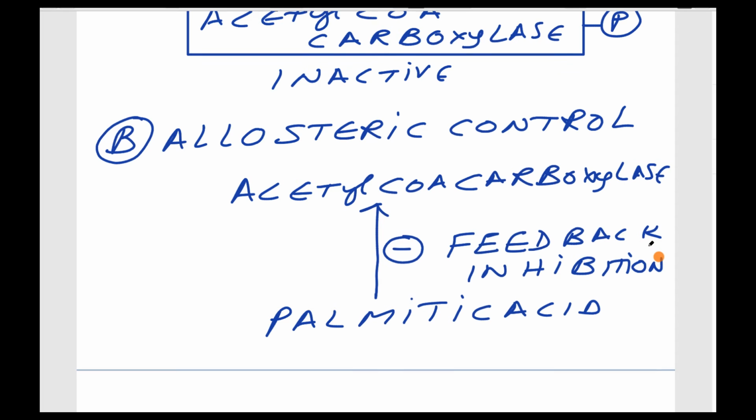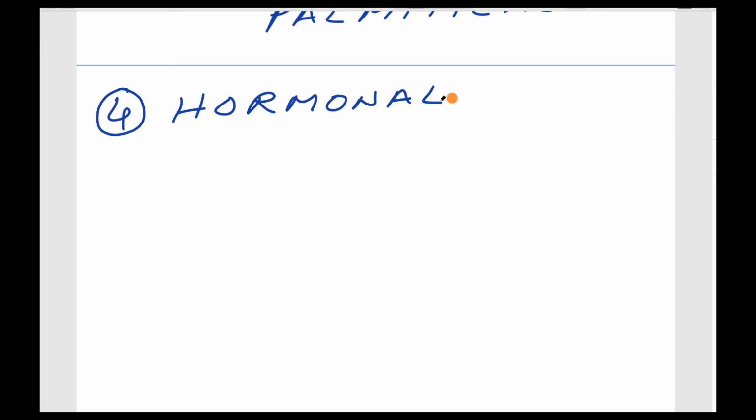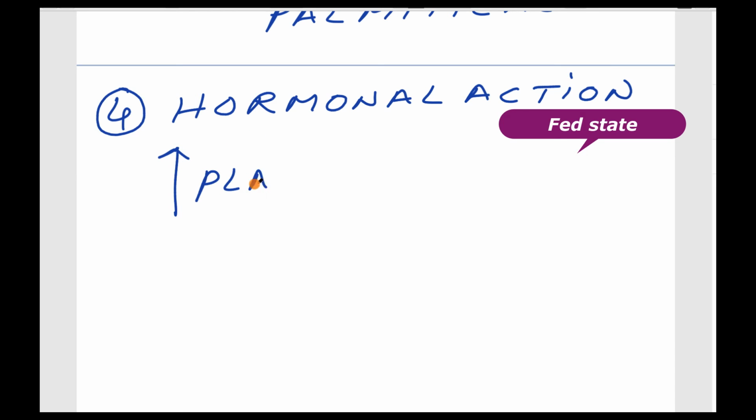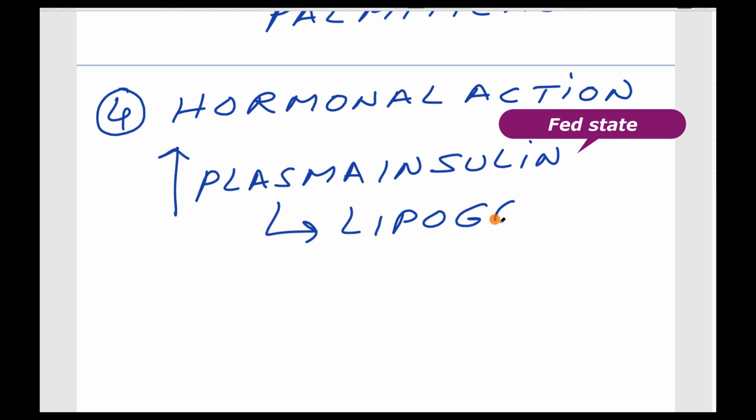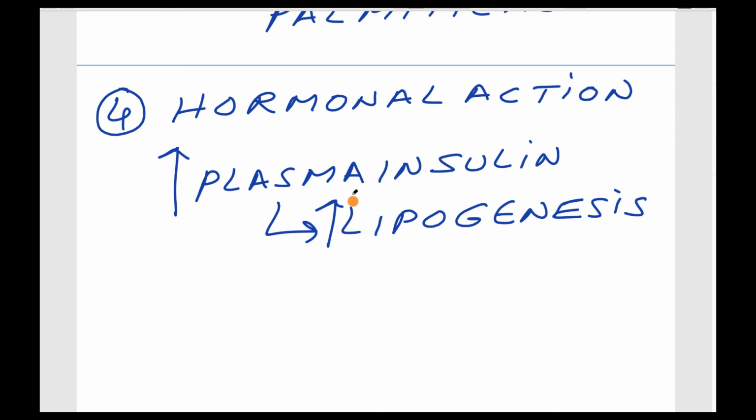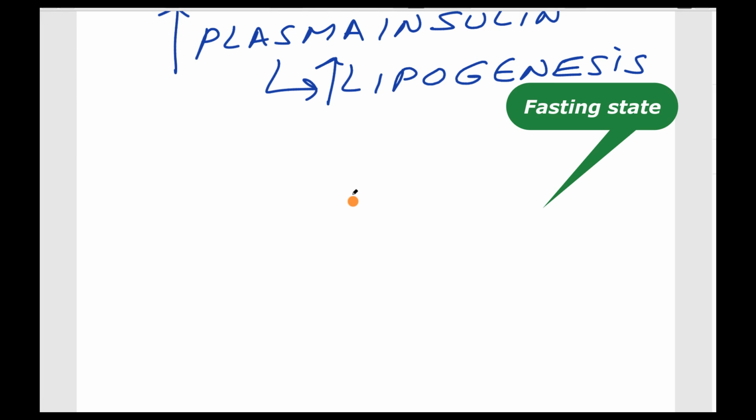Then the fourth one is hormonal control, or we can say hormonal action. If there is increased plasma insulin, then lipogenesis is increased. Fatty acid synthesis is increased. What happens in the fasting state?